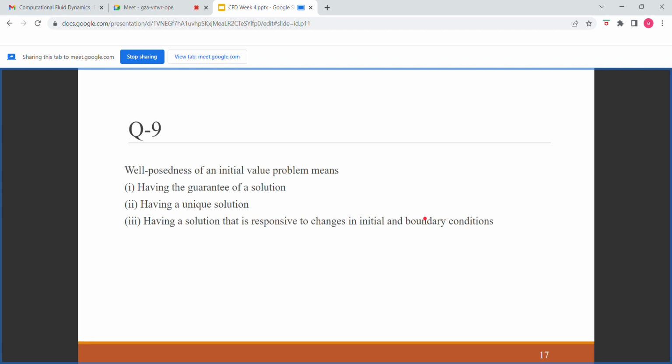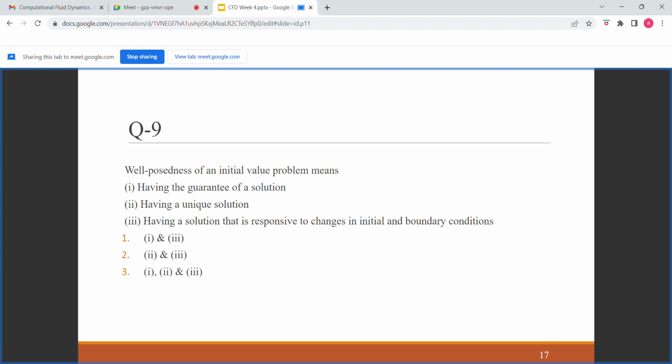This is also true. So we'll see what are all the options given for this problem. Options 1 and 3 are true, but option 2 is also true, and 2 and 3 the same way. Option 1 is also true along with 2 and 3.